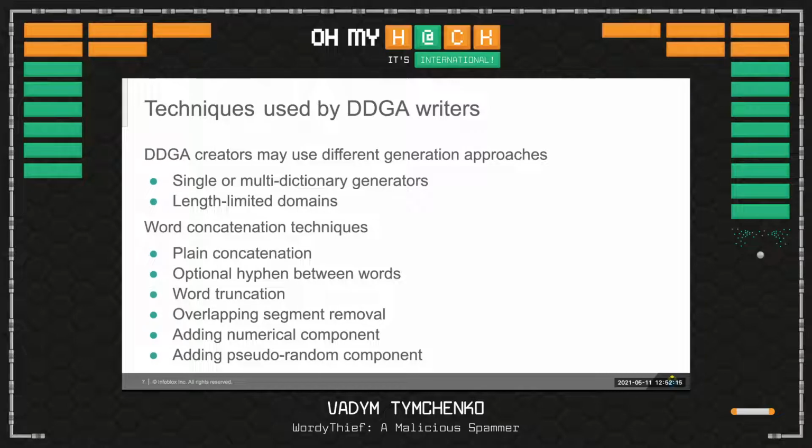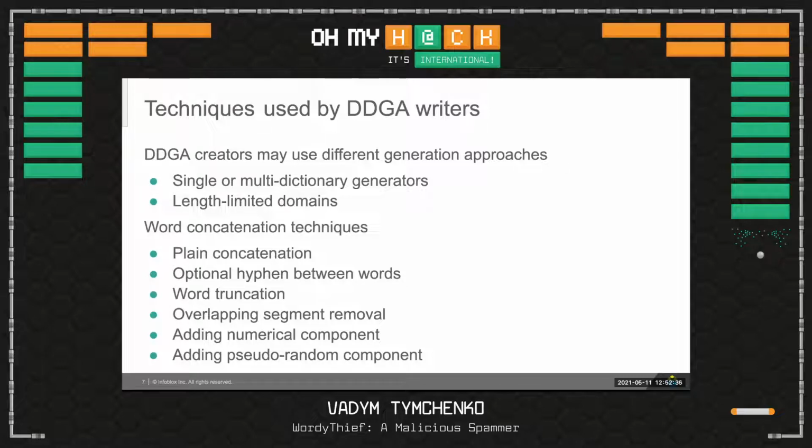So first, they might be single or multi-dictionary generators. Sometimes there are examples of generators which keep sampling a word from the dictionary and append it to the domain until a certain length is reached.